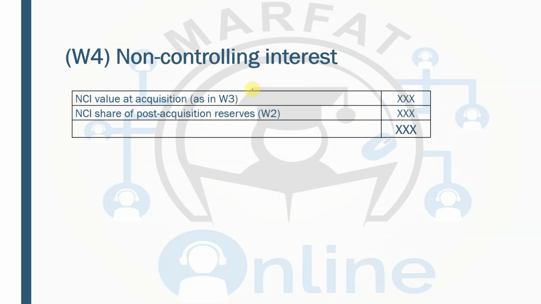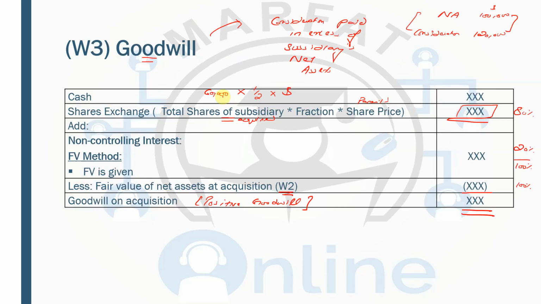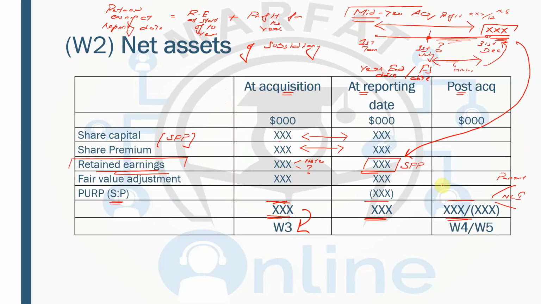The fourth working is going to be the non-controlling interest, NCI value at acquisition, which is given in the question, plus the NCI share of the post-acquisition reserve. Remember, I told you that net assets at acquisition compared to the net assets at the reporting date gives you the post-acquisition figure. This is the profit which has been earned by the subsidiary after the acquisition. So it does not belong completely to us.